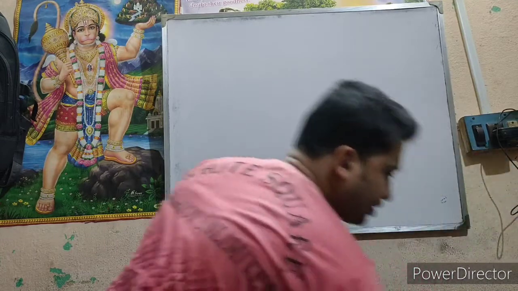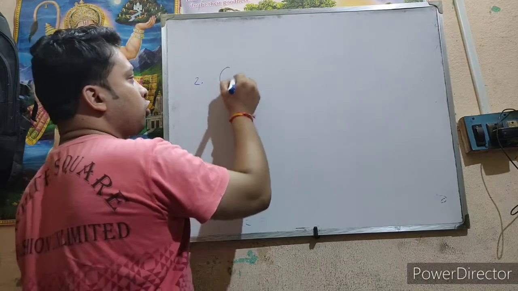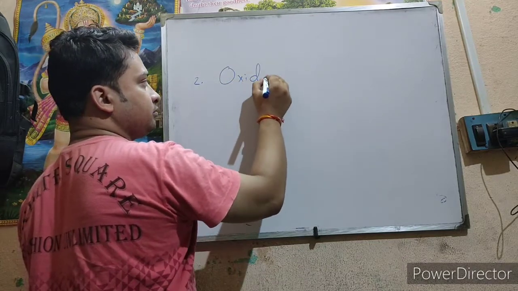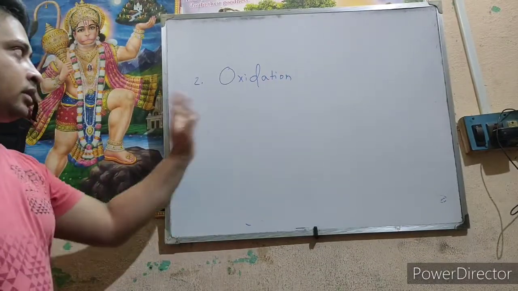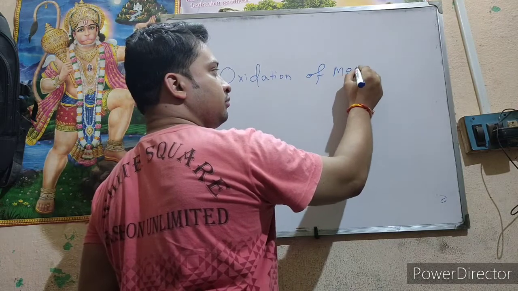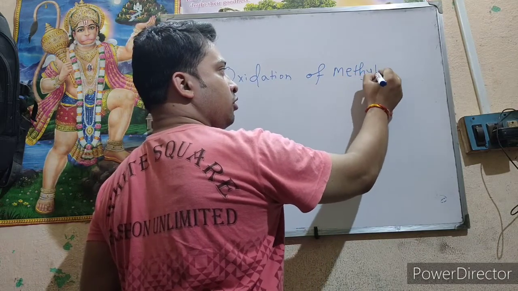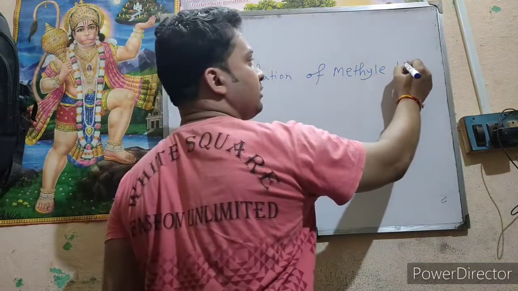Now, oxidation of methyl ketones. So the third one is oxidation of methyl ketone.